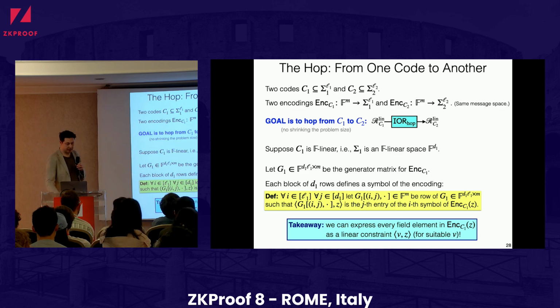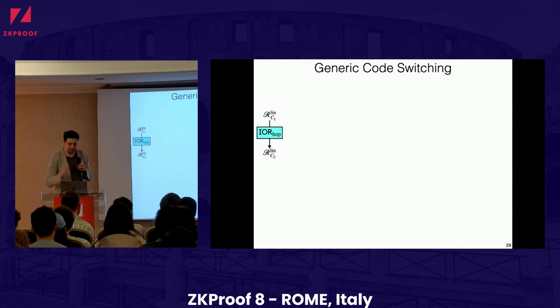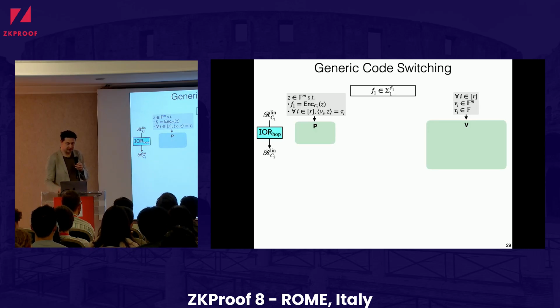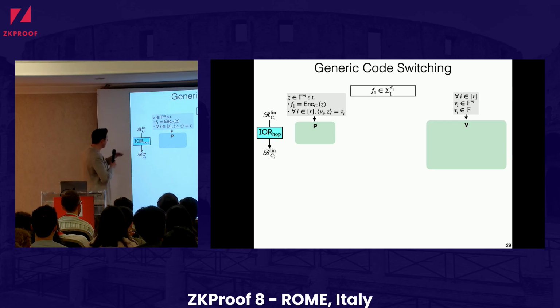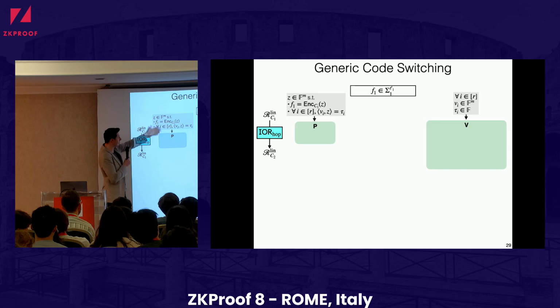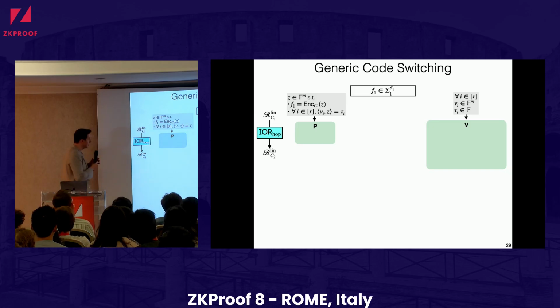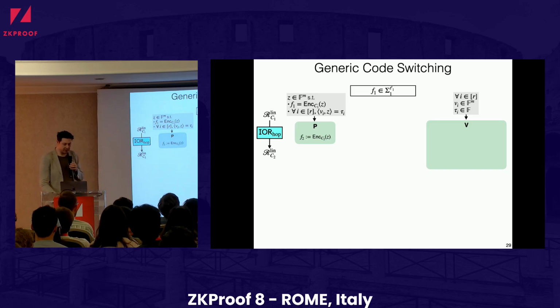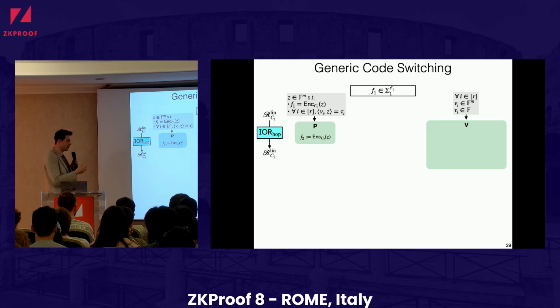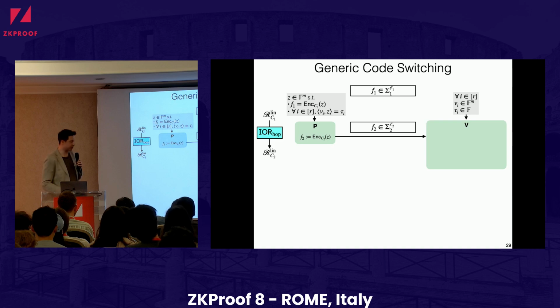That's good, because this leads to a very nice, simple protocol to go from code 1 to code 2. So here it is. We're starting out with an instance under C1: some message encoded under C1 with some number of linear constraints on it. The prover just sends me an encoding under the second code of that message. That's an oracle. The verifier spot checks linear constraints from F1.